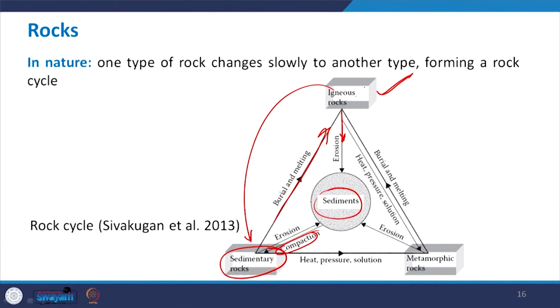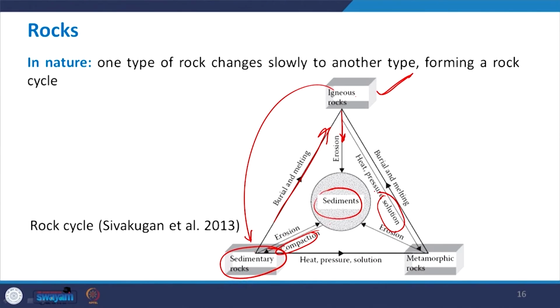Now come on to this side. Say igneous rock is there and it is subjected to heat or pressure or both of it, or some kind of chemical weathering is there, like it is subjected to some kind of chemical solution. Then what will happen? You know how the metamorphic rocks are formed.